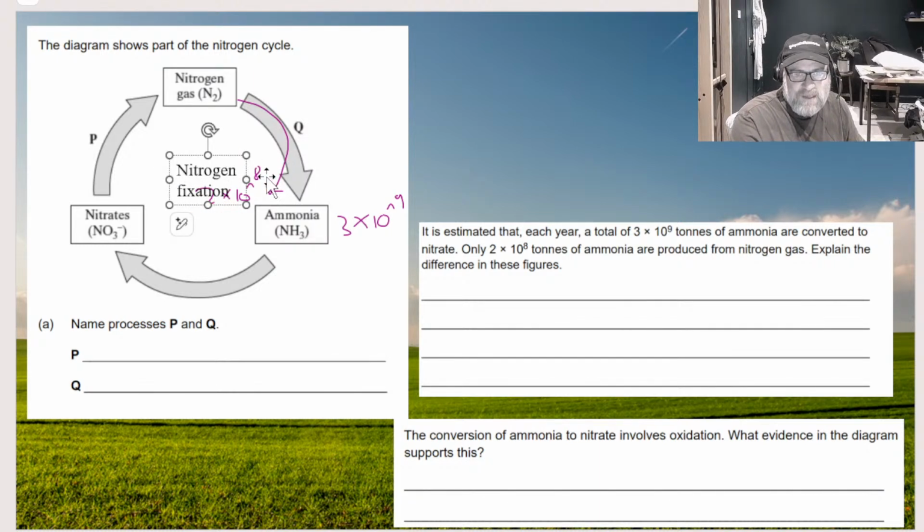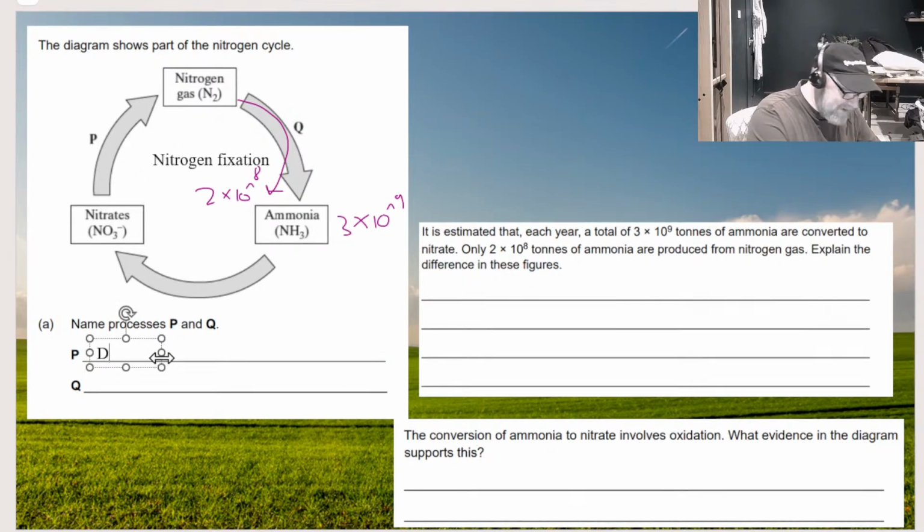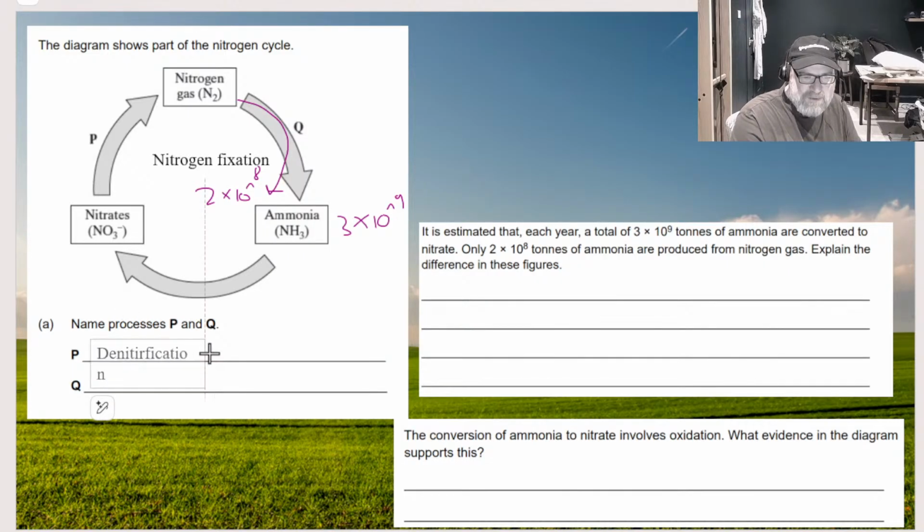Let me just explain the reason that process P is denitrification: that's only got one possible answer. Process Q, you might have thought, ammonification.